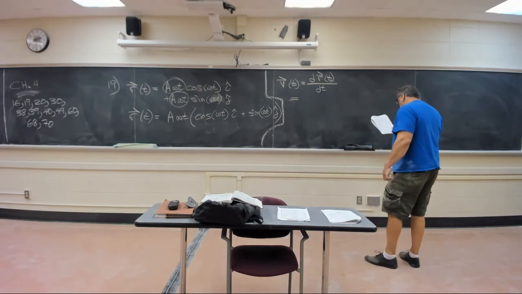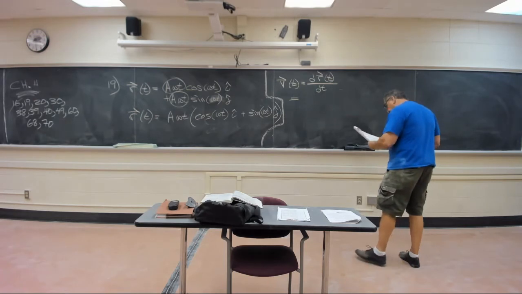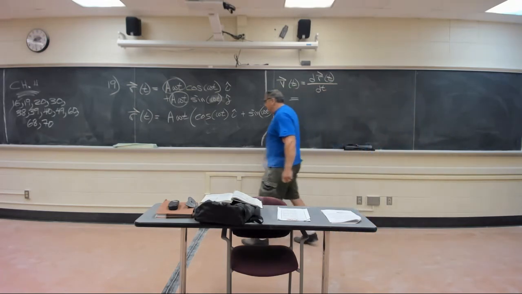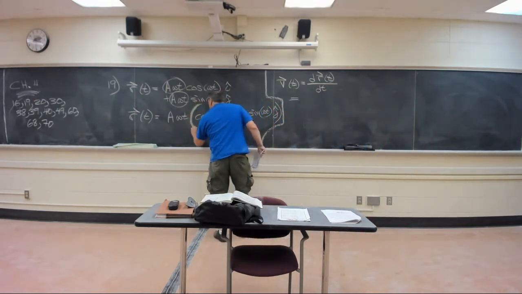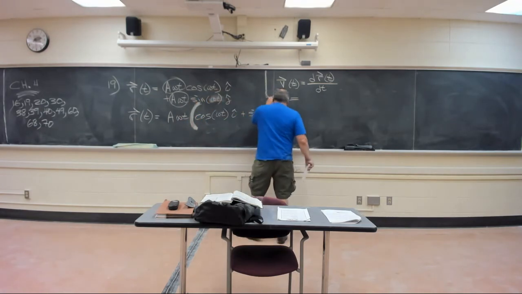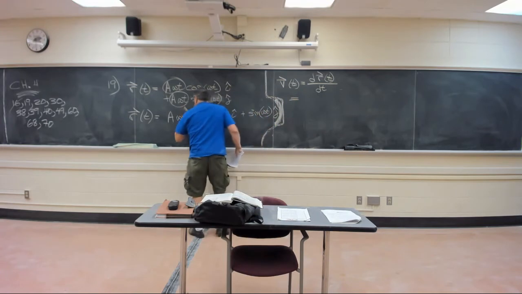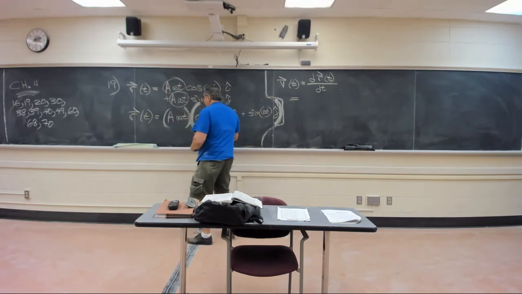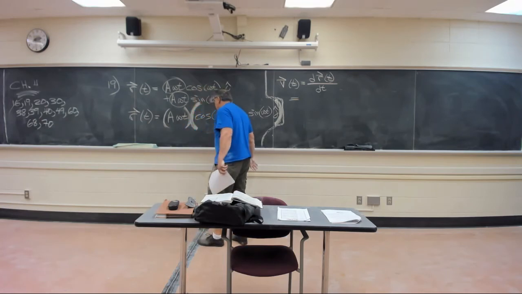All right, let's see what we can say here. The way I want to look at it is this, guys. I'm going to call this big thing right here a function. That's a function, and this is another function. This function is f. This function is g.